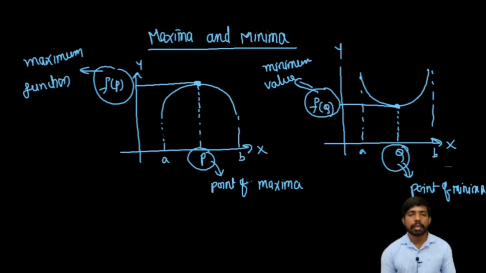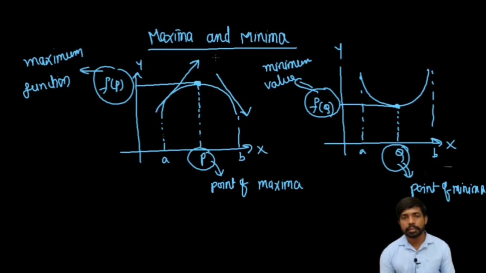Now we will derive the conditions. Let us consider tangents drawn at these points. A tangent indicates the direction, and the slope is f dash of x.